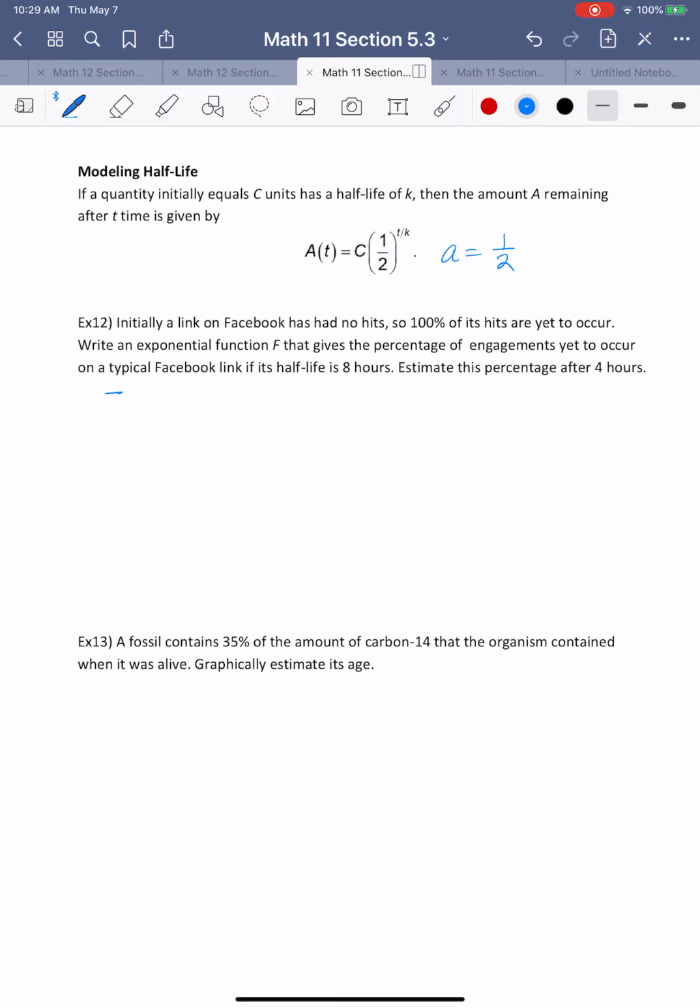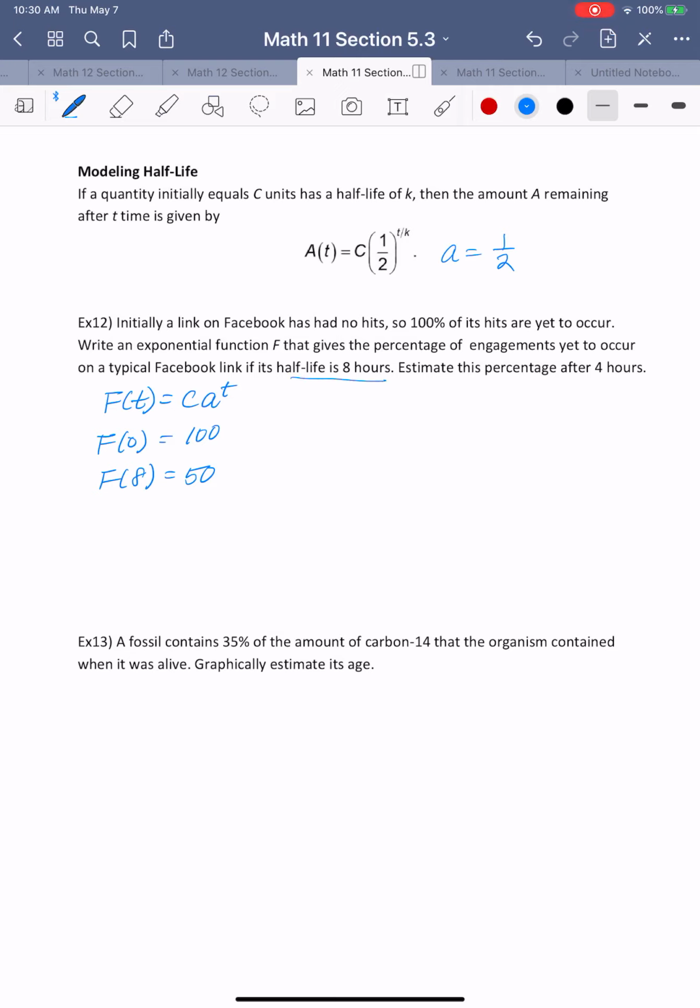So first of all, f of t equals c times a to the t. At 0 it's 100%, and at 8 hours it's half of it, so 50. The half-life is 8 hours.